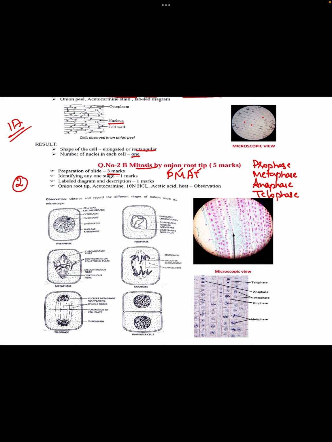Okay. So you have to look for the particular key features of each of the phases, and you have to draw any of the diagram. Either you have to write the stage is identified as prophase, then you have to draw the diagram, or it is a metaphase, or it's anaphase, or it's a telophase.